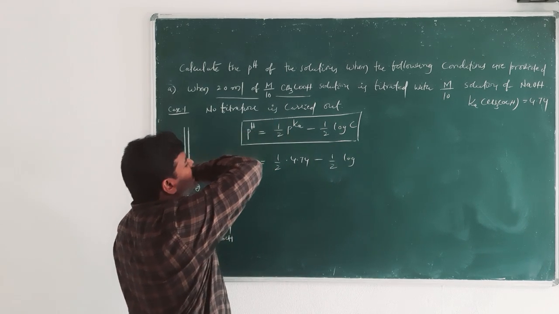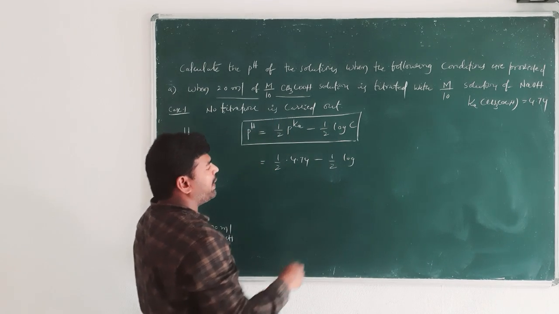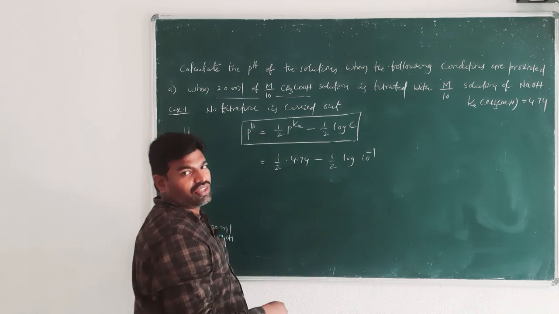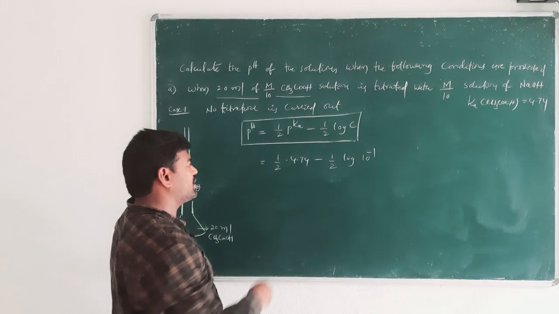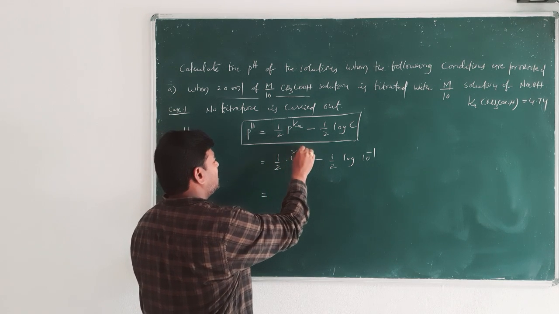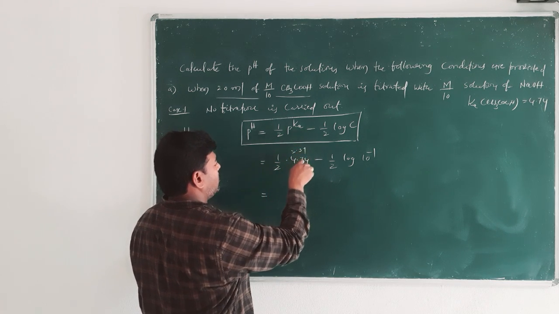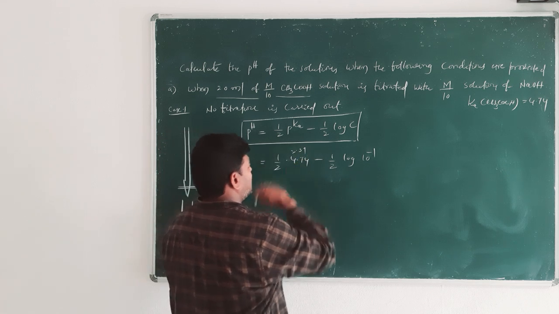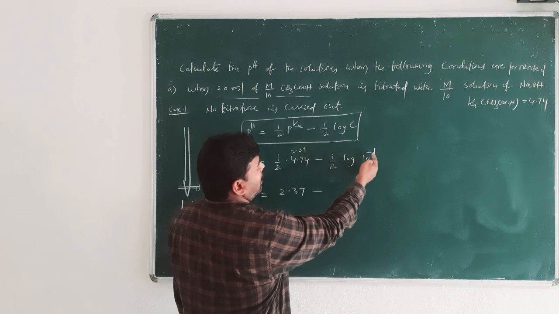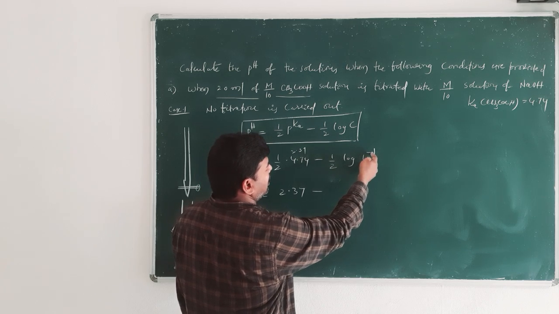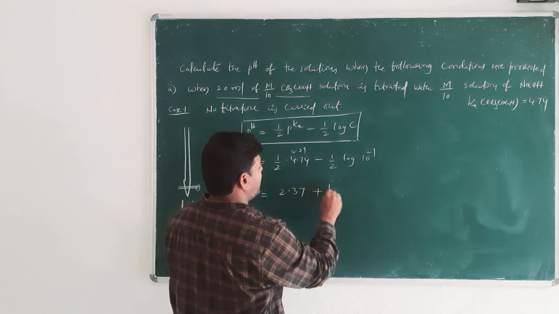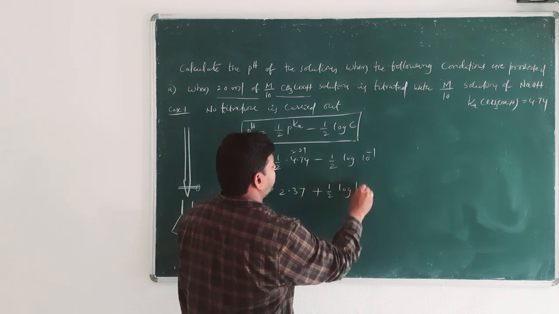The concentration of acid is 1 by 10, that is decimolar, which we can write as 10 inverse. So half of 4.74 is 2.37, minus, if you bring this minus 1 before this, that becomes 1/2 log 10.